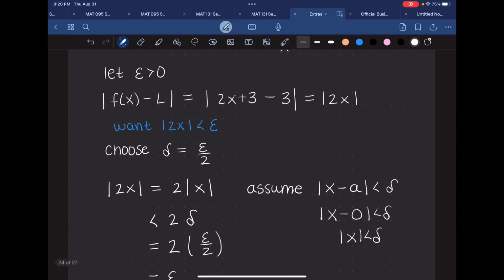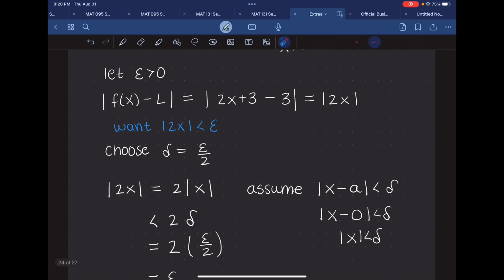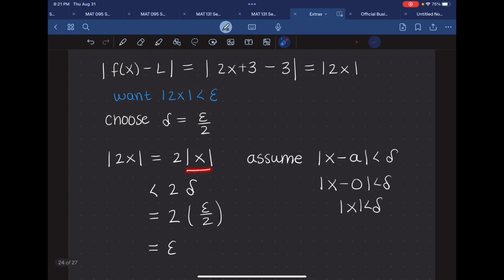Now notice that we started at f of x minus L. We plugged in what that was, and we got the absolute value of 2x. And then we said, okay, the absolute value of 2x is nothing but 2 times the absolute value of x. And the absolute value of x is exactly the left-hand side of this.